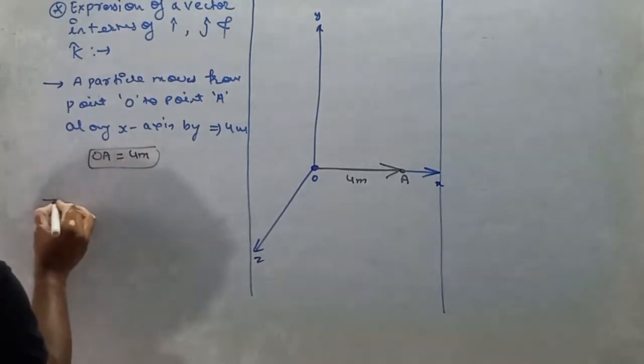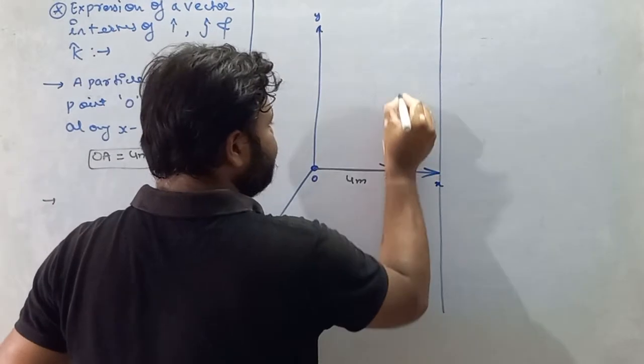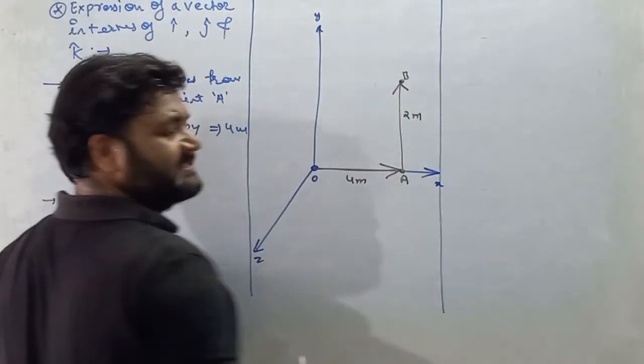Now see, my dear students, the same particle moves from point A to point B by a distance of, let's suppose, 2 meter along y-axis.